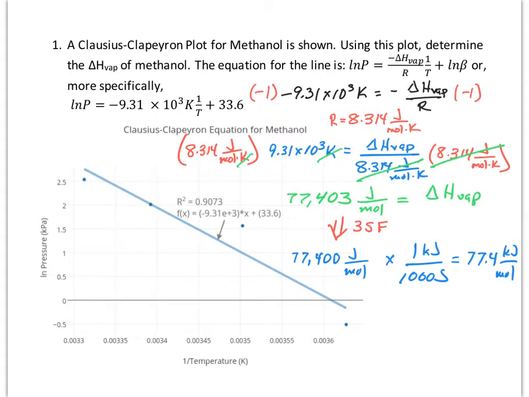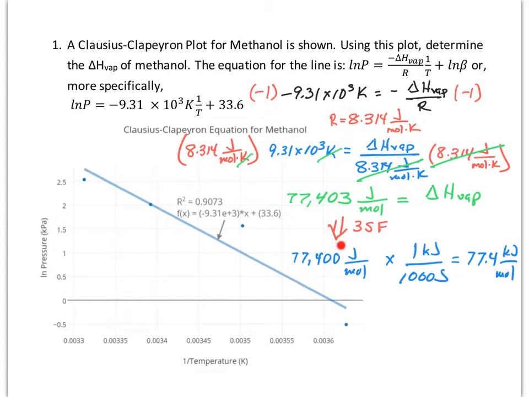We multiply through 8.314 times 9.31 times 10 to the third. We get 77,403 joules per mole as being equal to the heat of vaporization. Because this number is only given in 3 significant figures, our answer must only have 3 significant figures.